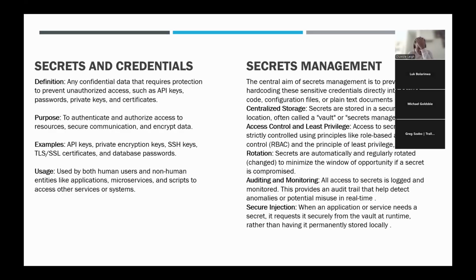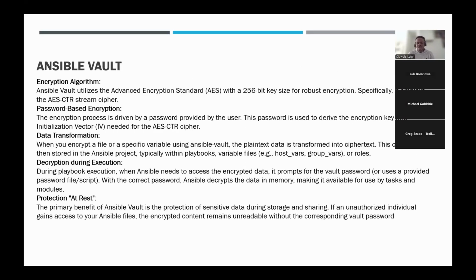For example, if you change your password, it says based on your history of password changes, you cannot use this particular password. It doesn't allow you to use any of the last 10 passwords. That's part of the audit trail that is set up whenever you change a password or a particular secret. Then we also look at developer workflows, which is how we inject secrets into our workflows. Do we do it at runtime, or do we have it on file? Those are the things that we look at when we're thinking of secrets.